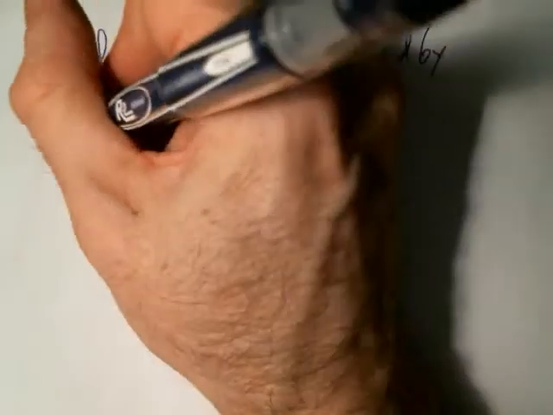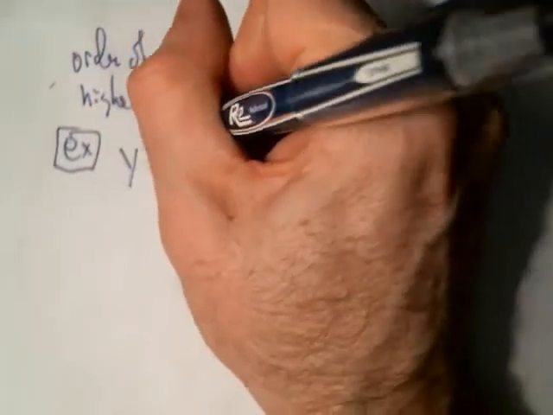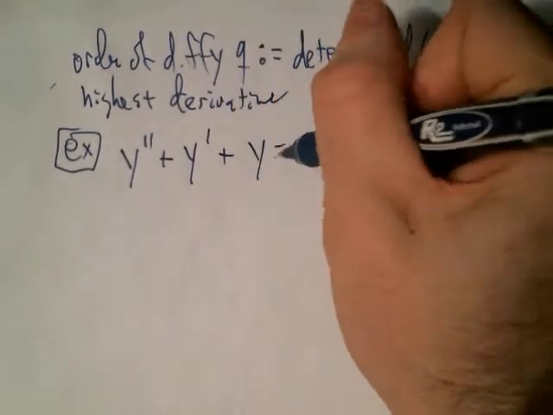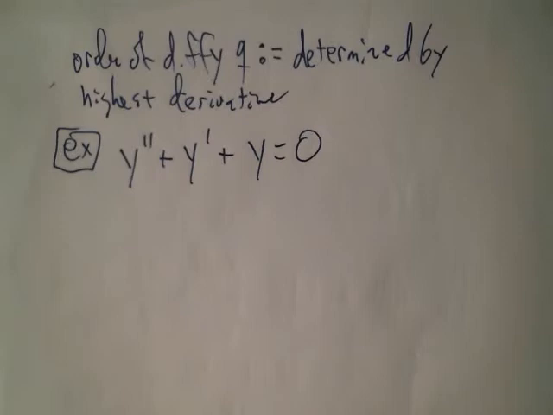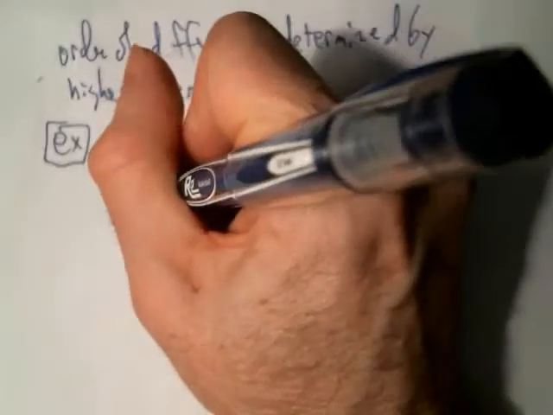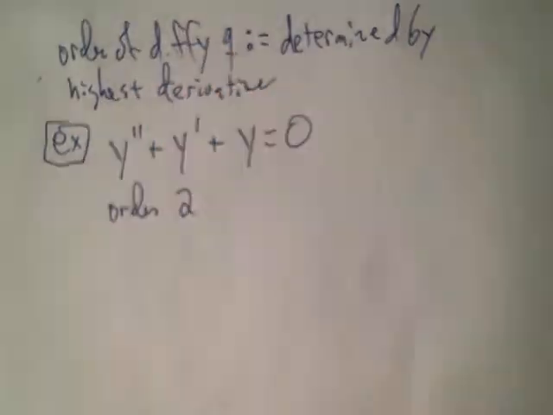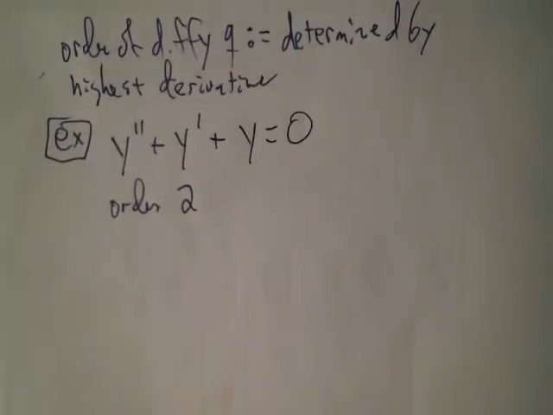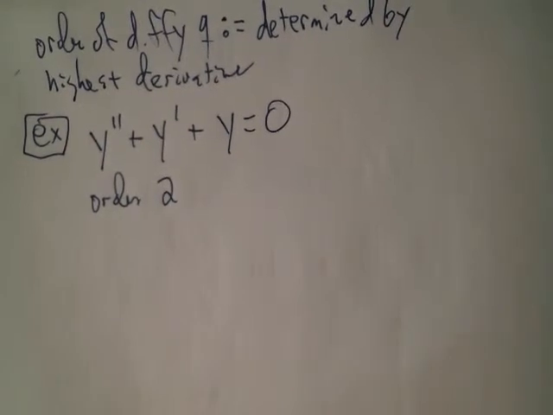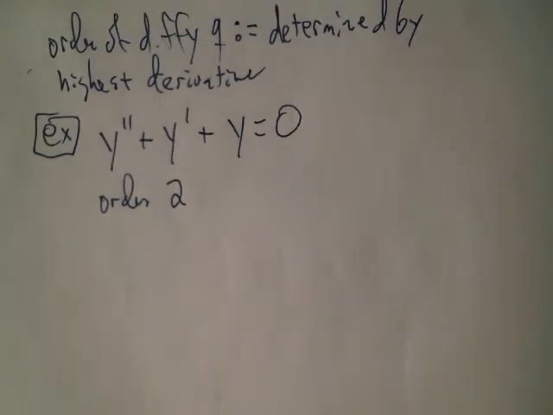For example, y double prime plus y prime plus y equals 0 is order 2. And you see it kind of looks like a polynomial. There are connections to that you'll explore once you get to a real class in differential equations later on.